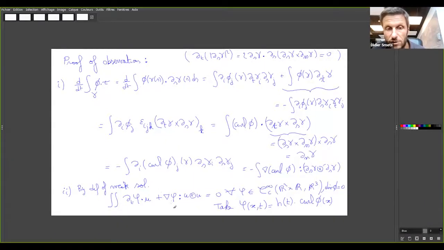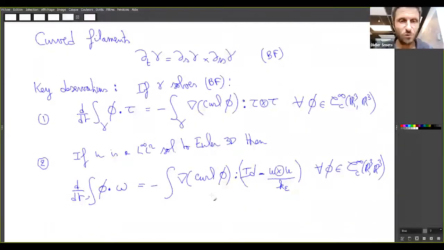So there you have the gradient of curl of phi, u. That's exactly what we had on the previous slides. And here you have the curl of phi against u, and you integrate by parts, or use the definition of curl in the sense of distribution, and you go back exactly to this formulation. So that's the quick proof of those two identities, but they are really short proofs.